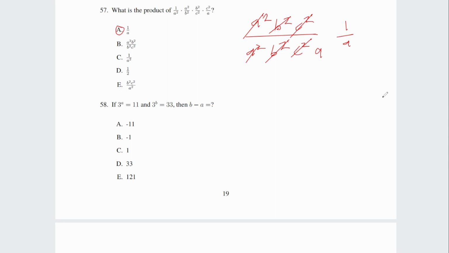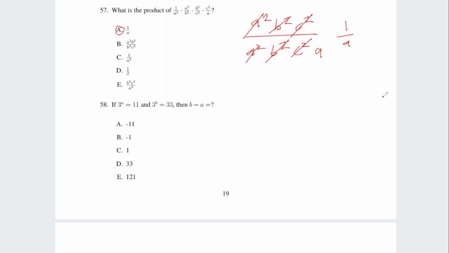And in the case of 3 to the power of b equals 33, we're saying 3 multiplied by itself b times equals 33. And you'll notice these are not even close to squares, cubes, 3 to the fourth. We're multiplying 3 times itself an abnormal number of times, not a whole number of times.